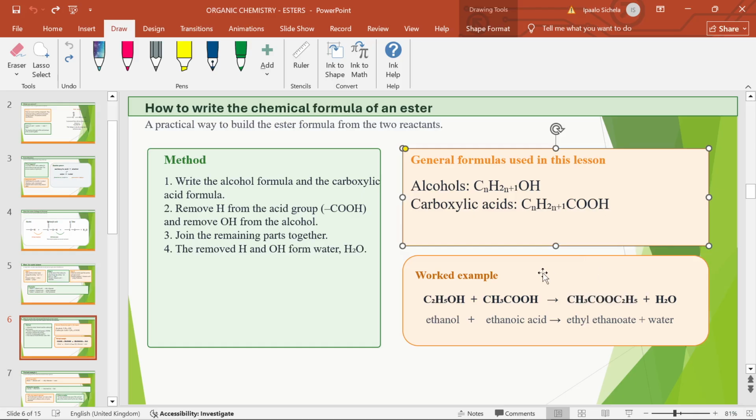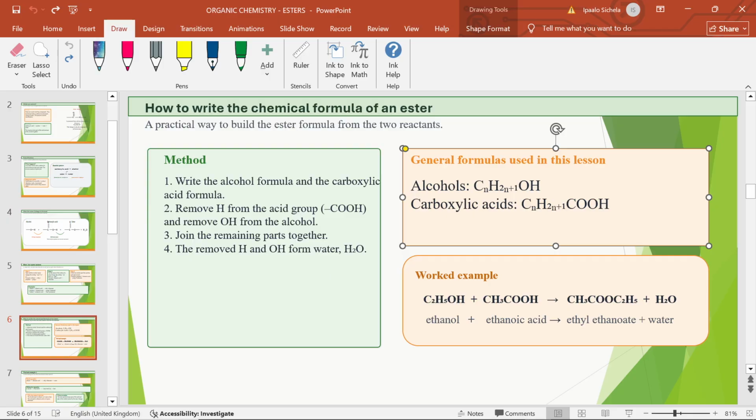While we're removing H and OH, H and OH will combine to form water. If you remember, when I was talking about how the ester linkage is formed, I said H is removed from the alcohol while OH is removed from the carboxylic acid. It's different the way I've done it here, because this is just to help you remember how to write the formula of the ester.